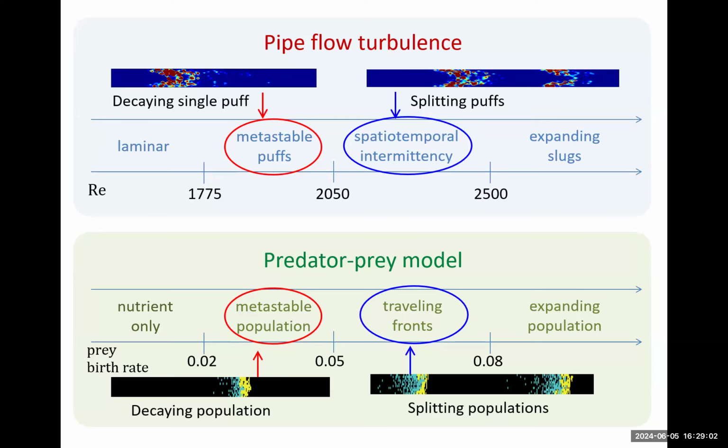So the prey birth rate is like the Reynolds number. When the prey birth rate is too slow, everything dies. And when the prey birth rate is high, you get coexistence of laminar and turbulence. Okay? So here you do a simulation, you make a decaying population, predator and prey. In this range it decays, in this range you've got these resplittings.